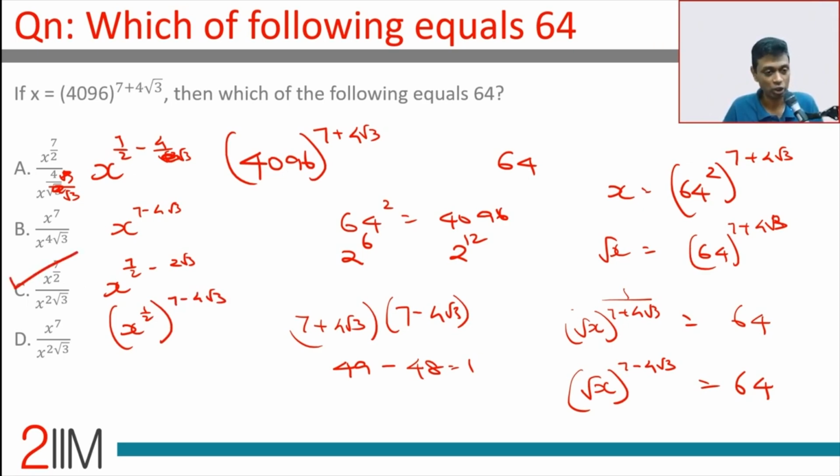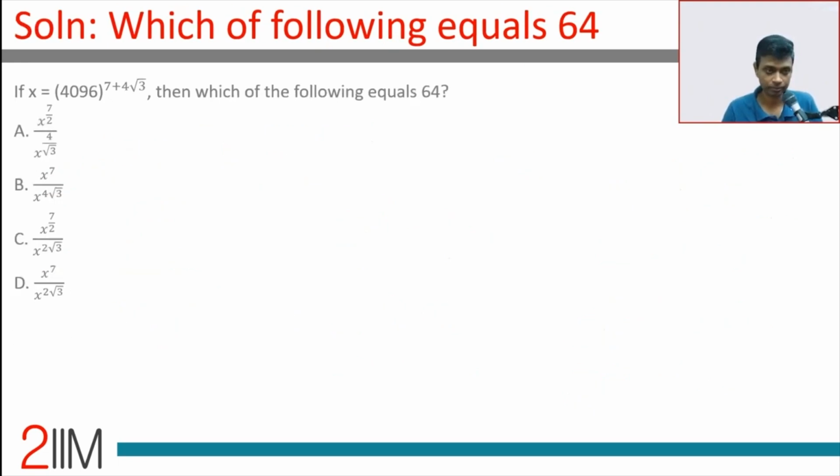So we don't have to worry about it. Choice C takes us to x power 7 by 2 minus 2 root 3, or x power half whole power 7 minus 4 root 3. Numerical friendliness, being friendly with picking that 7 plus 4 root 3 and 7 minus 4 root 3 are reciprocals. 4096 is 64 square. That really pays off. So it's a cruel question if you can't pick that.